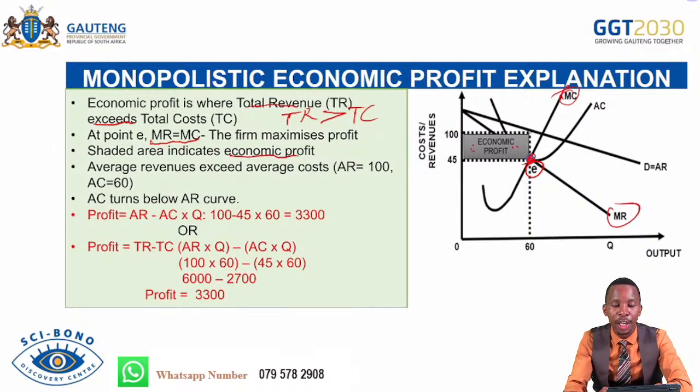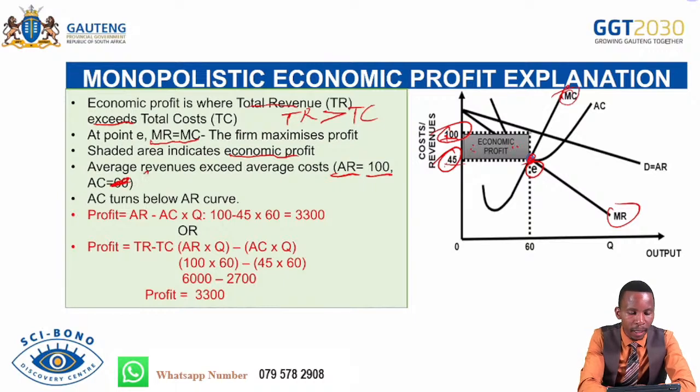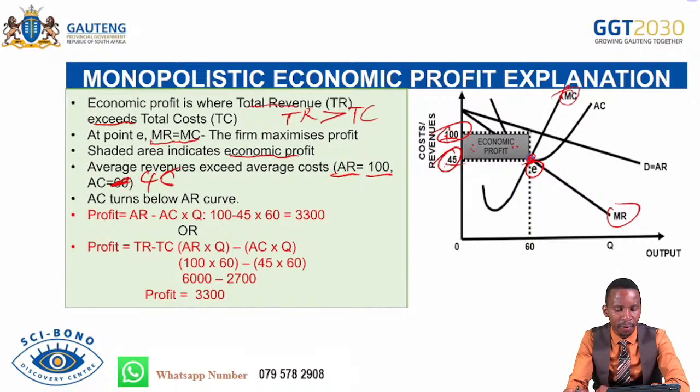It is written economic profit because revenues are more and costs are lower. Average revenues exceed the average cost. Average revenue is equal to 100, there is 100, and average cost is equal to 45. So in this case, our costs are lower than our revenues.